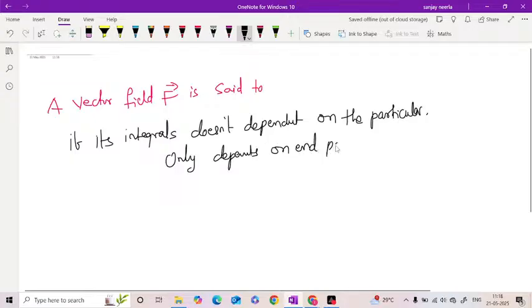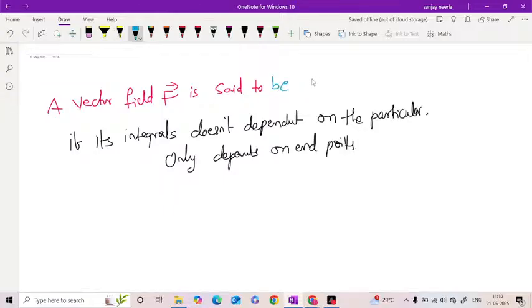That type of vector field we call a conservative vector field.